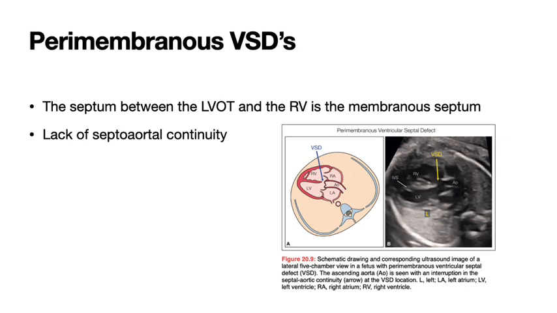Now, the LVOT is supposed to have septo-aortic continuity. There's a septum line, and it goes right into the aortic line. Now, there is an angle called the septo-aortic angle, but this loss of continuity is the tip-off that you've got a problem with the membranous septum.